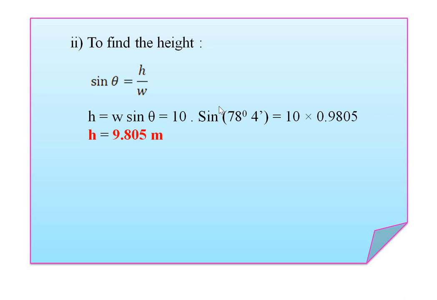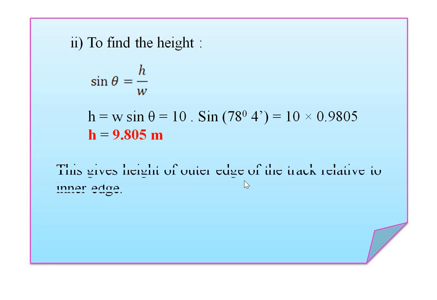In the log table, natural sine 78 degree 4 minute has the value 0.9805. So h is equal to 10 into 0.9805. Simple multiplication gives h equals 9.805 meter. This gives the height of the outer edge of the track relative to its inner edge. So this is the first example which I have seen in detail.